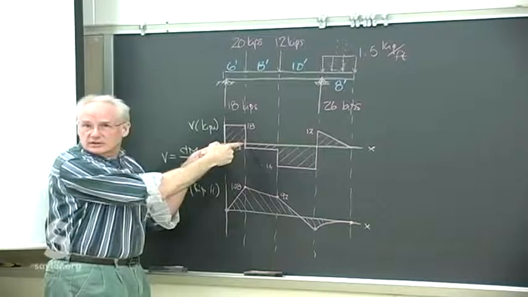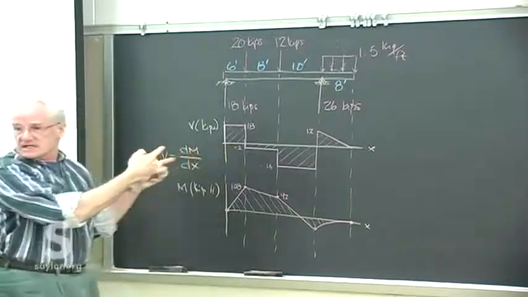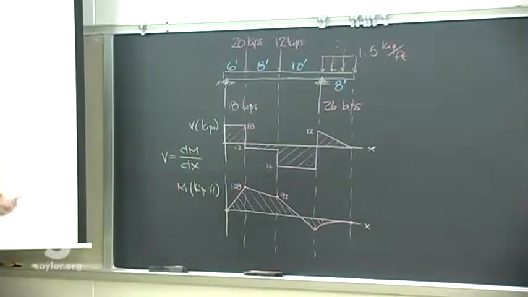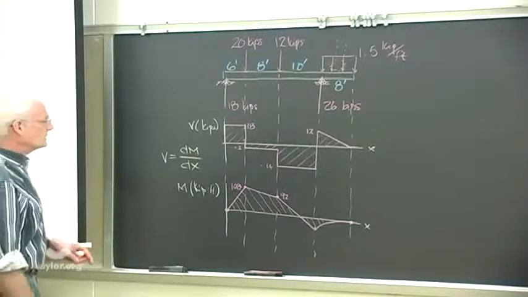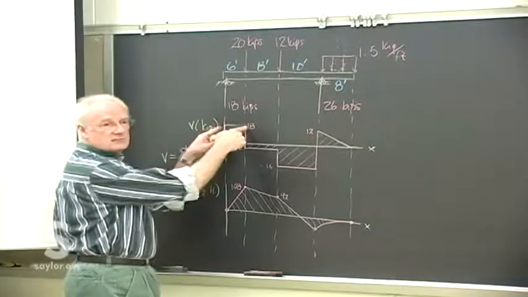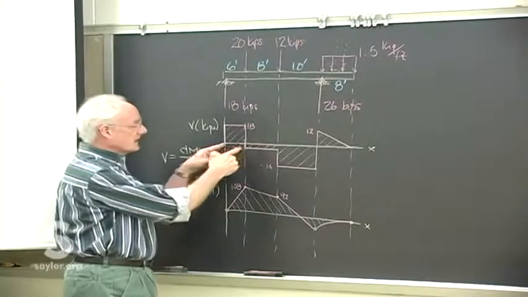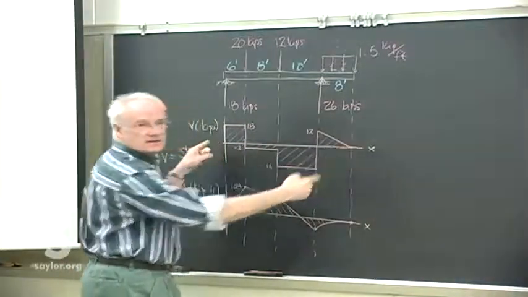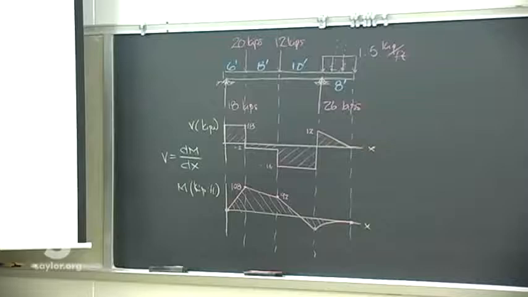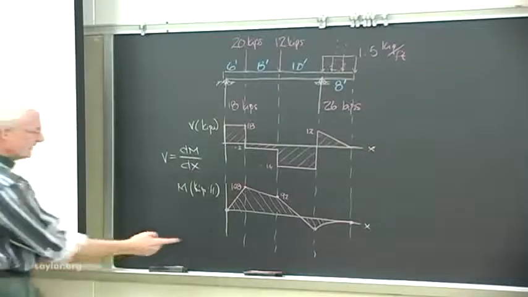It's only for a little section of the beam, but typically we just make the beam uniform all the way across. It's a very cheap, inexpensive way to do it. So we'll protect the beam for this section, but it'll be protected all the way across because that's the worst section. Same thing for the moment.